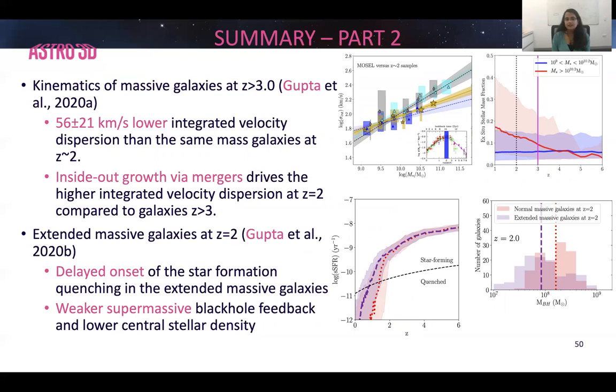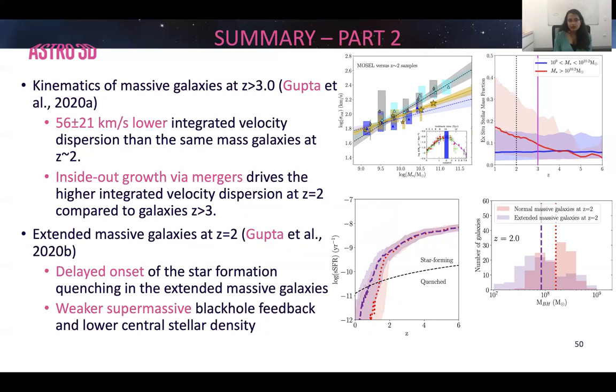And we see the effect of this transition observationally. We see that between redshift 3 and 2, there is a change in the integrated velocity dispersion of massive galaxies. We find that at redshift 3, massive galaxies have about 50 kilometers per second lower integrated velocity dispersion than same stellar mass galaxies at redshift 2.